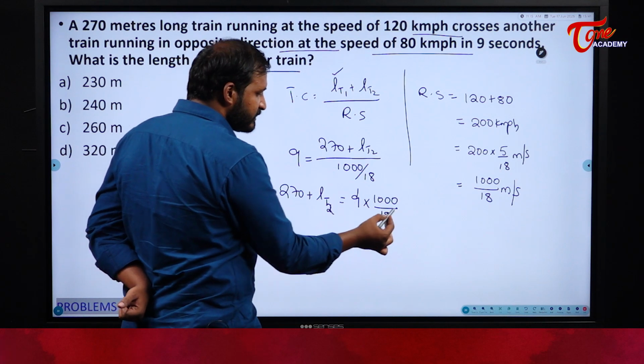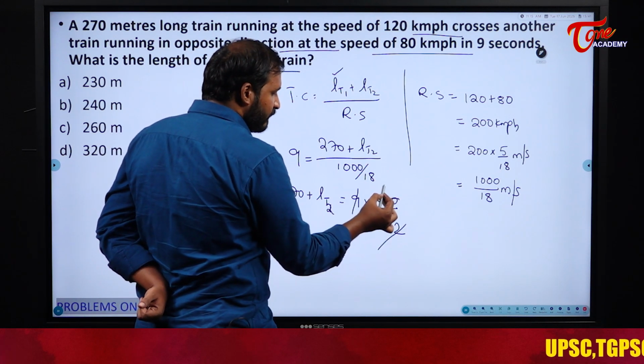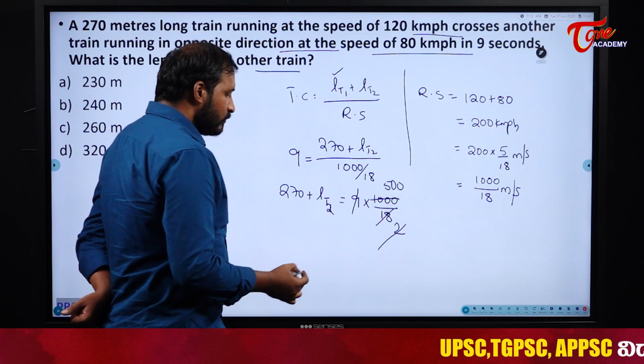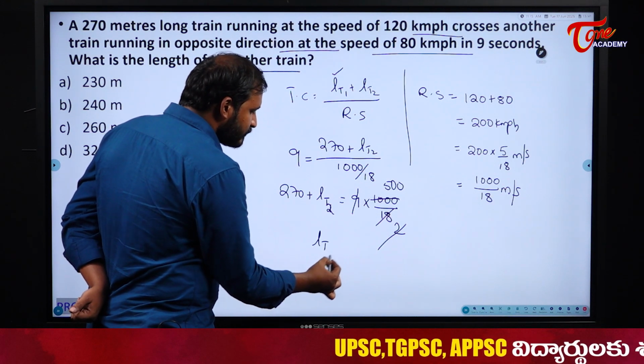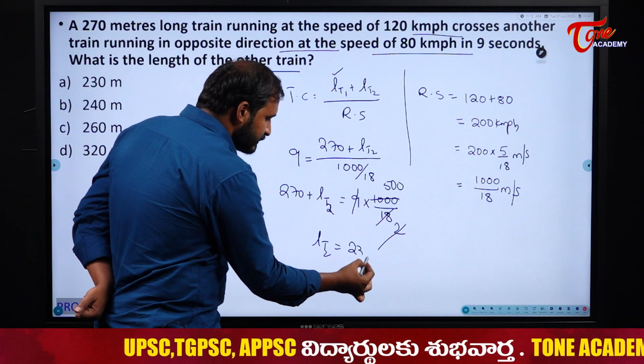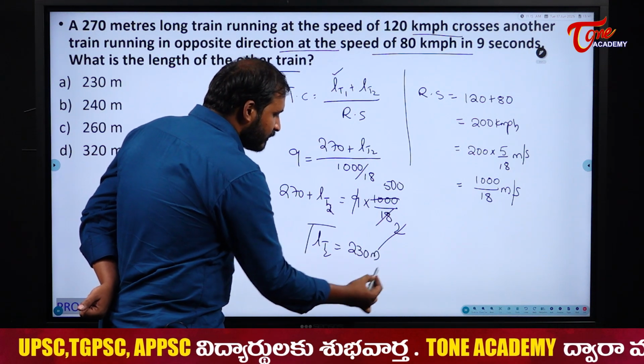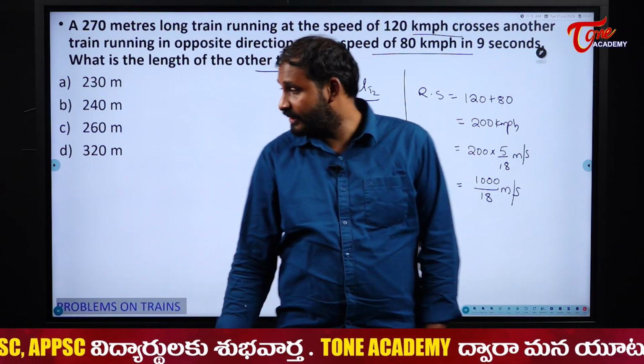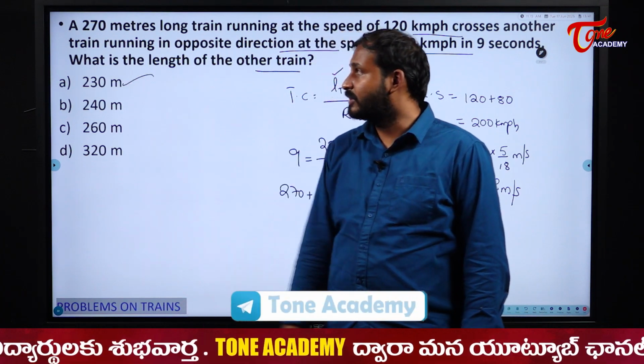Now please see here, 9 ones, 9 twos, 2 ones, 2 500s. So length of train 2 will become what here, students? 500 minus 270. It becomes 230 meters. So the length of train 2 here is 230 meters.